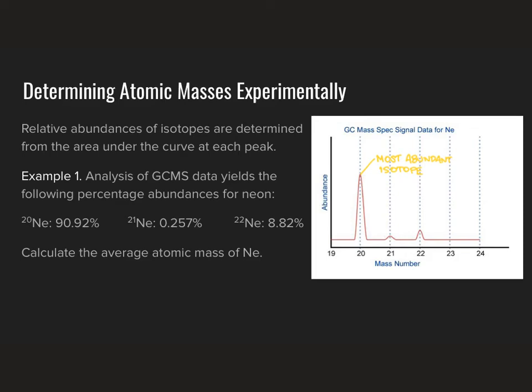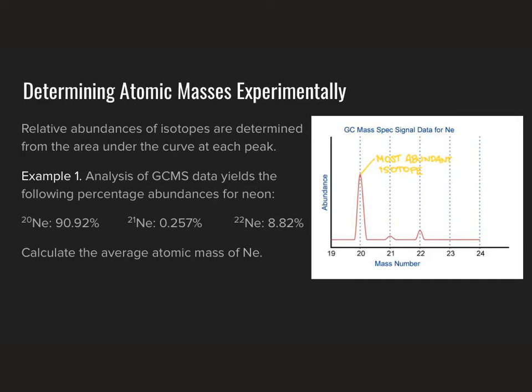So, understanding the sort of readout we get from a mass spectrometer, now let's go ahead and take this data and make a calculation to determine the actual average atomic mass for this element. So follow with me through here on example number 1. We see here that we've got data from that graph of the relative abundances of neon.